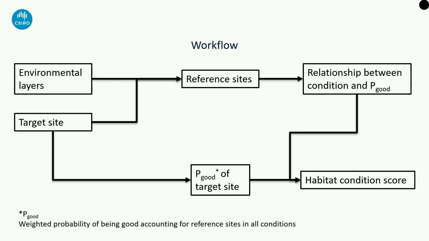And because we have the reference sites, we can work out a probability of a site being in good condition, and build a relationship between the probability and the actual observed habitat condition. With that, we can then predict a habitat condition score for a particular site.